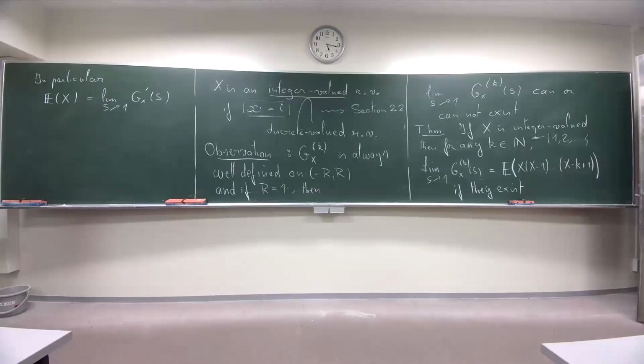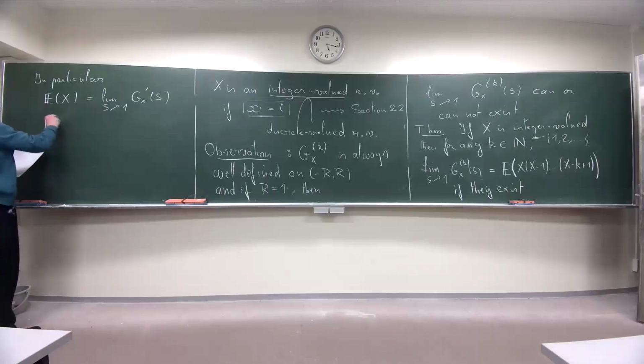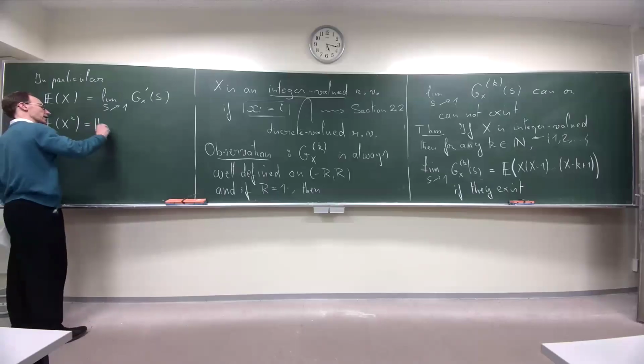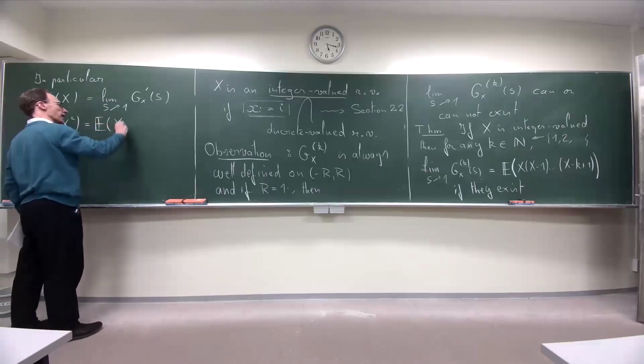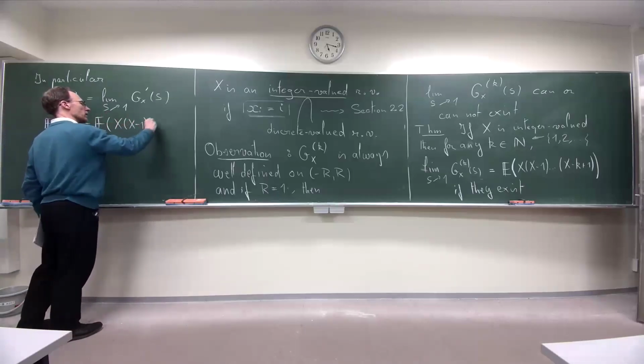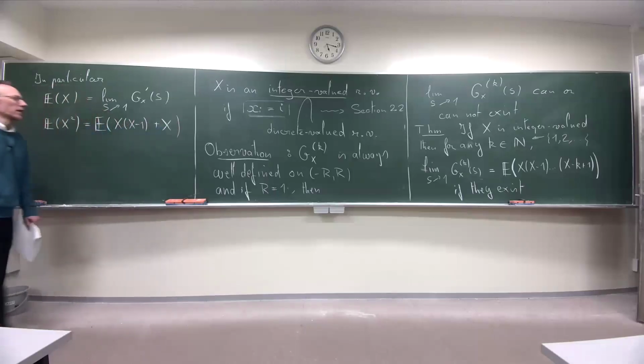This is when k is 1, yes. And the second thing we can say, what about x squared? The trick is you can rewrite x squared as, you have to rewrite it like this.